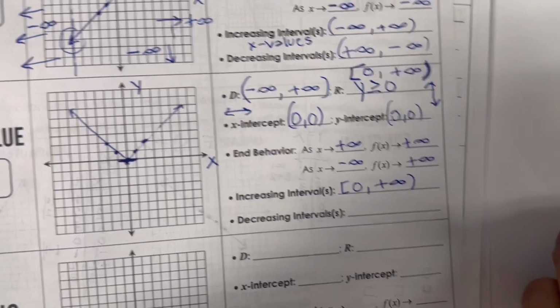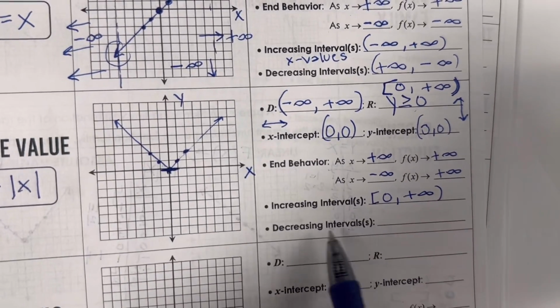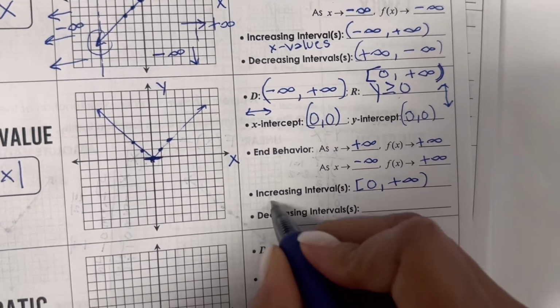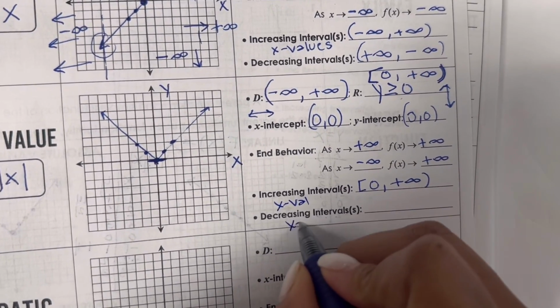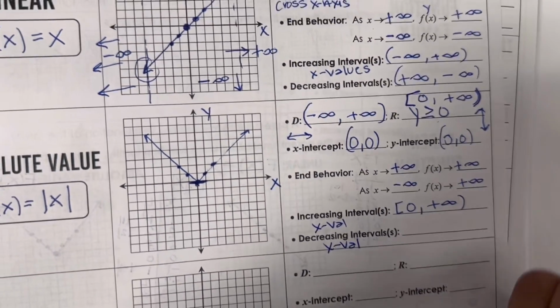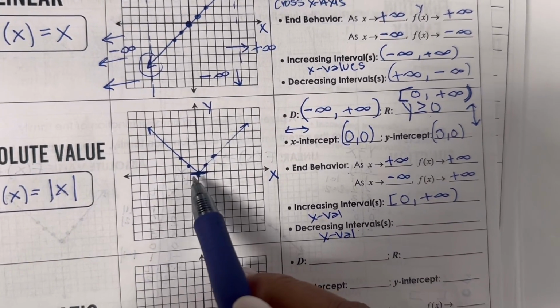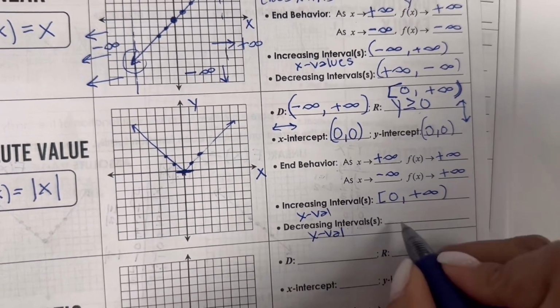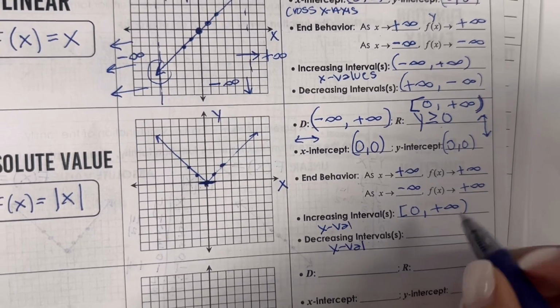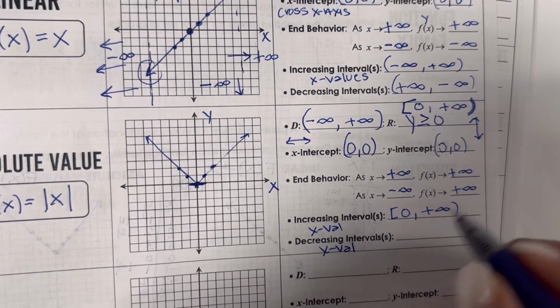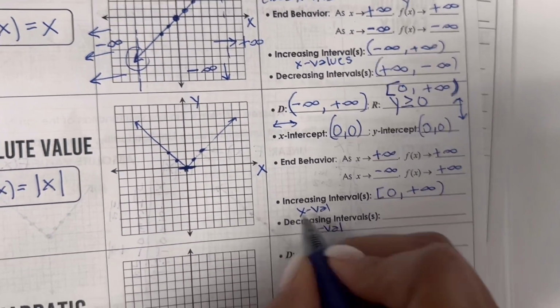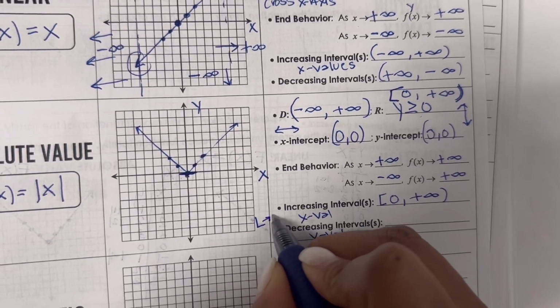You cannot contain infinity. And then to the left, it decreases. These are all x values, remember that? So write that down. From 0 to the left, so negative infinity. Or we could say it's from left to right. So write that down. Intervals means left to right.